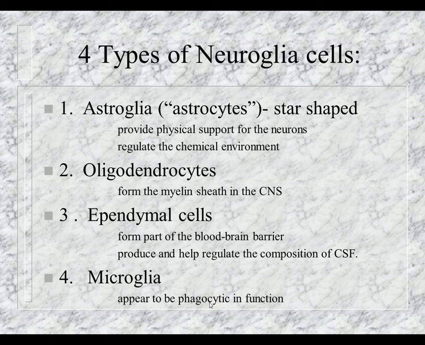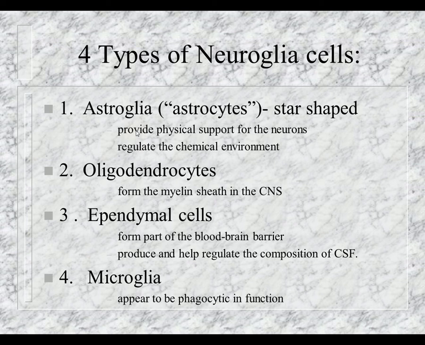Now, brain tumors arise from neuroglia cells; they don't arise from neurons. So when someone says they have a brain tumor, it's involving one of these types of cells. The number one tumor of the brain is an astrocytoma. So thinking about that name, which one of these would be responsible? The astroglia, or astrocytes.